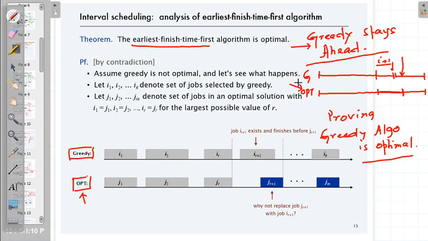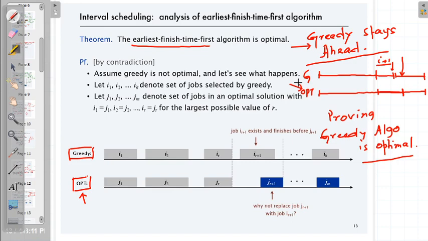Is greedy winning or losing? Based on that fact, in many algorithms you can prove that your greedy algorithm will definitely stay ahead of the others, and that argument gives the logic that greedy is giving the optimal solution.